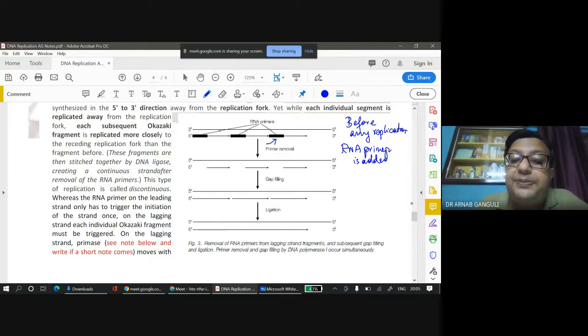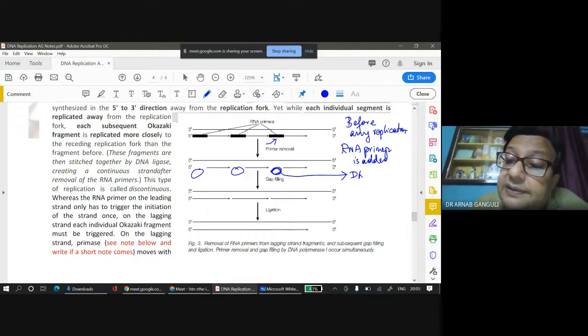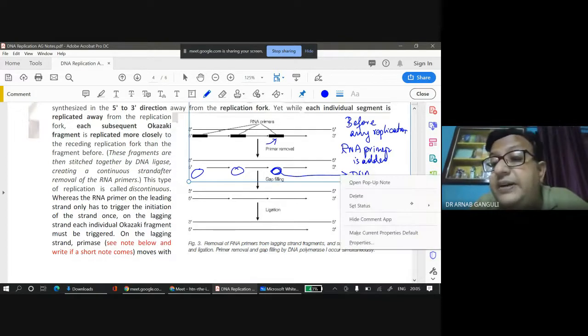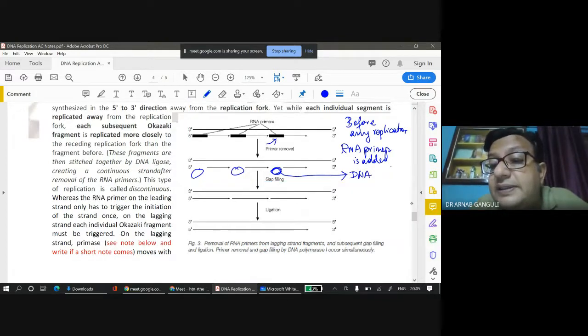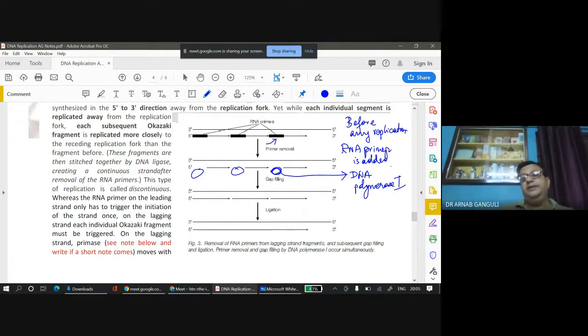And these gaps, and you find gaps over here. এবারে এই গ্যাপগুলোকে, these gaps are filled by DNA polymerase 1.